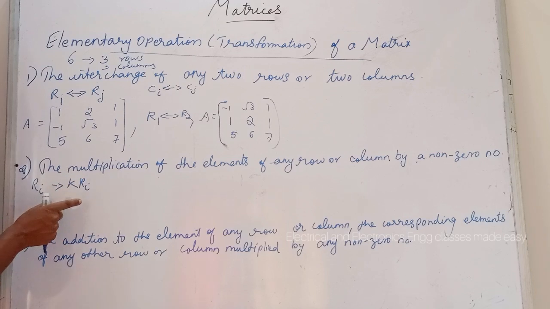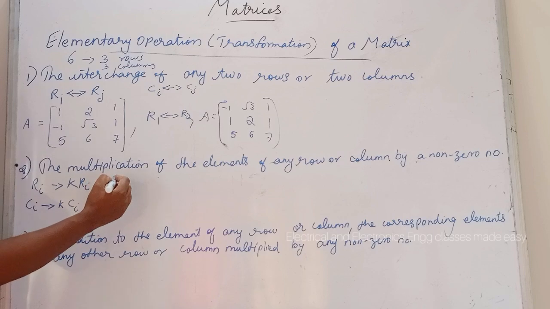That is multiplication of elements of any row or column. Similarly, Ci is changed as k into Ci by a non-zero number.